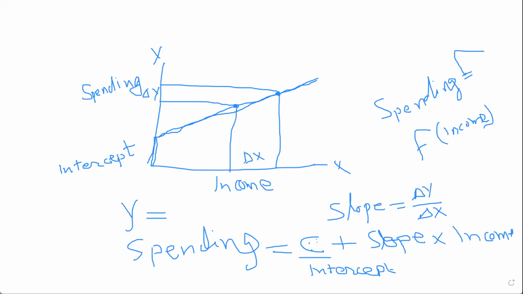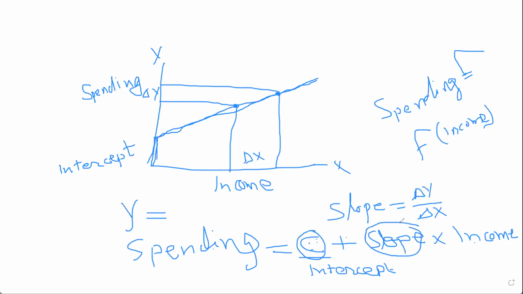So this is a very simple regression. Spending depends on a constant, which is the intercept, plus the slope times income. Now I put in an income value and I can get the spending value if I know these two constants.